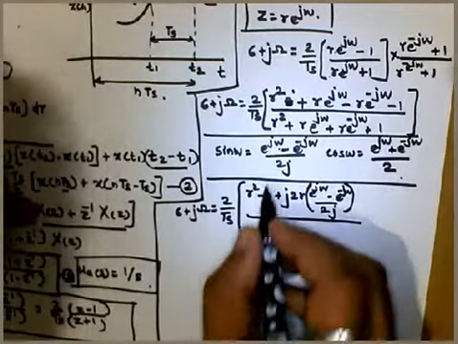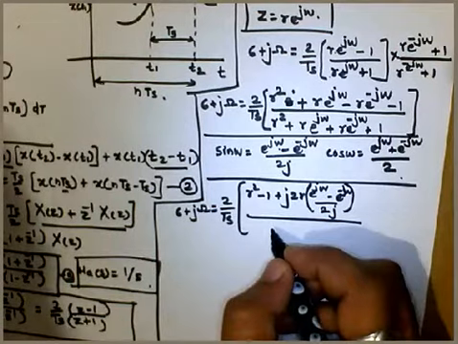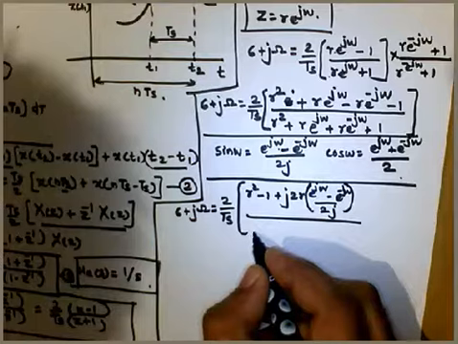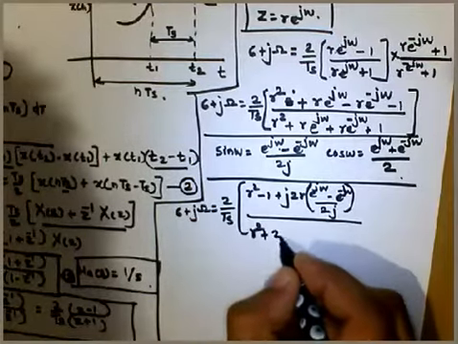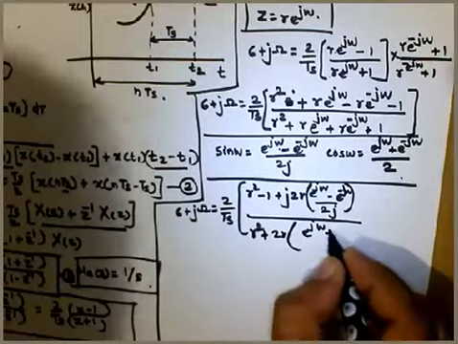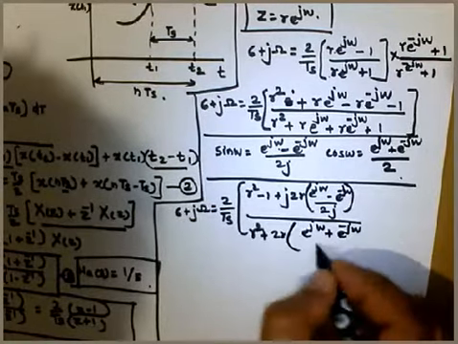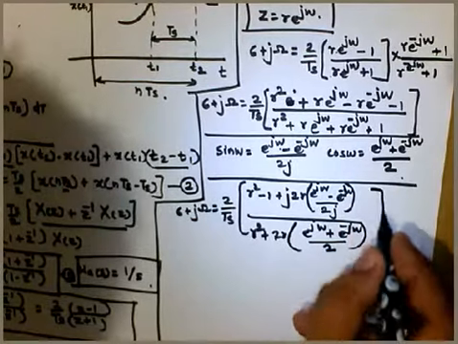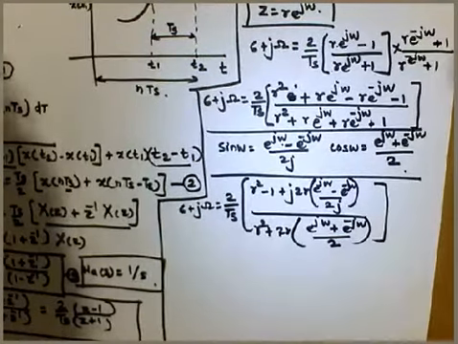This is the sine term just by readjusting, multiplying and dividing by 2j. Similarly, in the denominator, R square plus 2R times (e raised to j omega plus e raised to minus j omega) by 2, multiplying and dividing by 2.